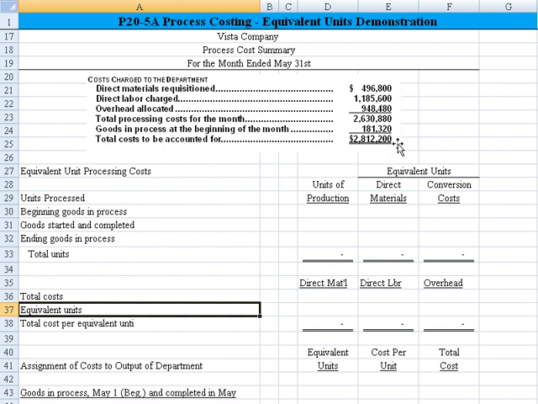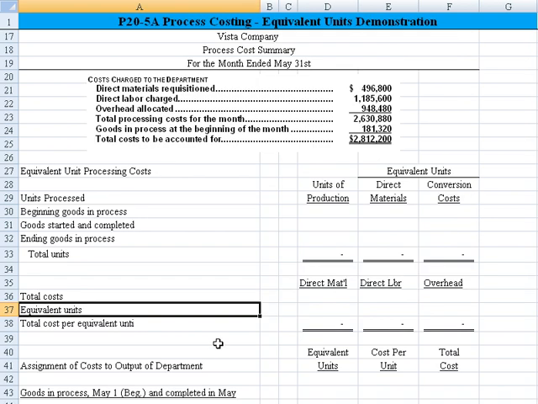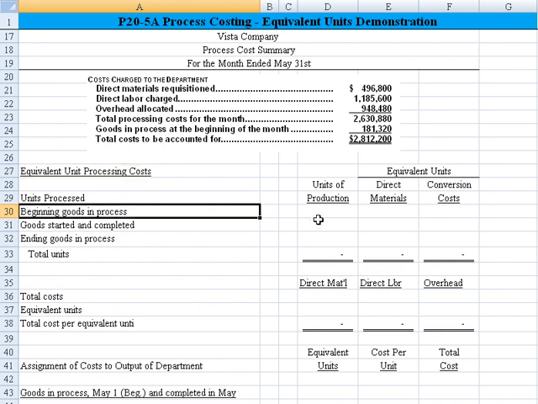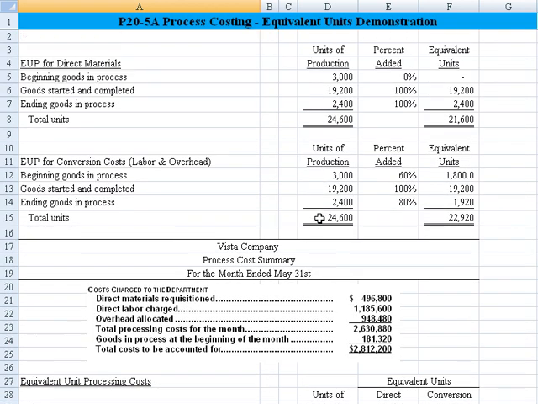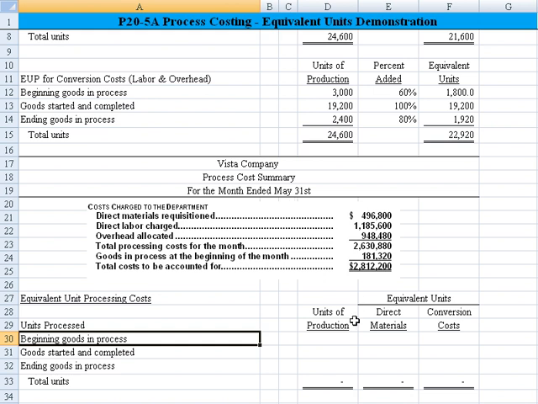So the total cost to account for is 2812,200, which is exactly what we get from the information provided. Well, the next thing we need to do is come up with the equivalent units of processing cost. Let me slide on down, and maybe we can take some information from up top if we can see it. We'll put it right about here.